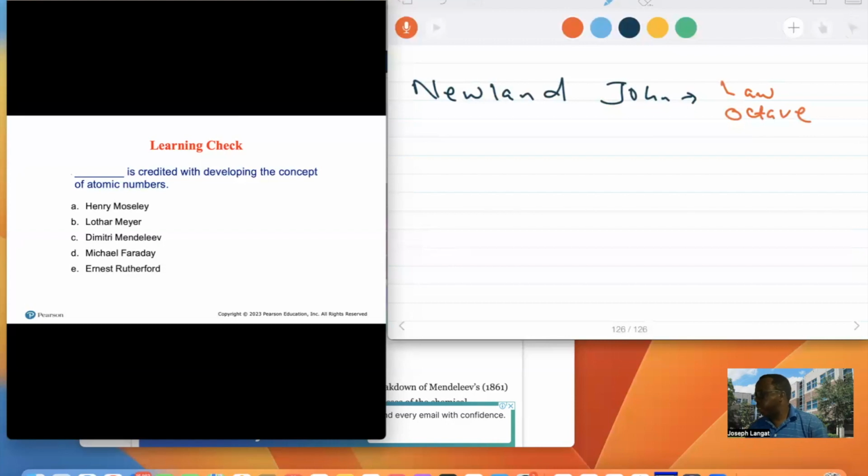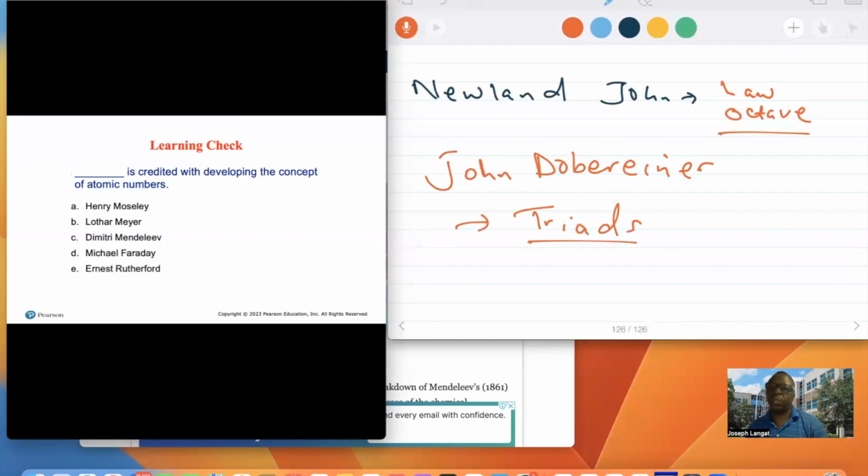There is John Döbereiner, who is credited for the law of triads. He was organizing the elements according to groups of 3.